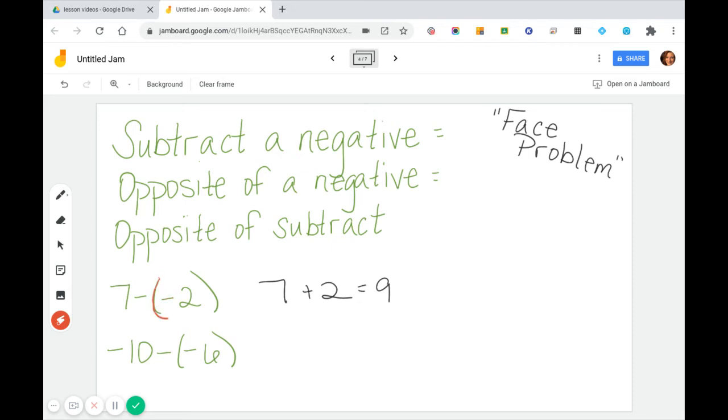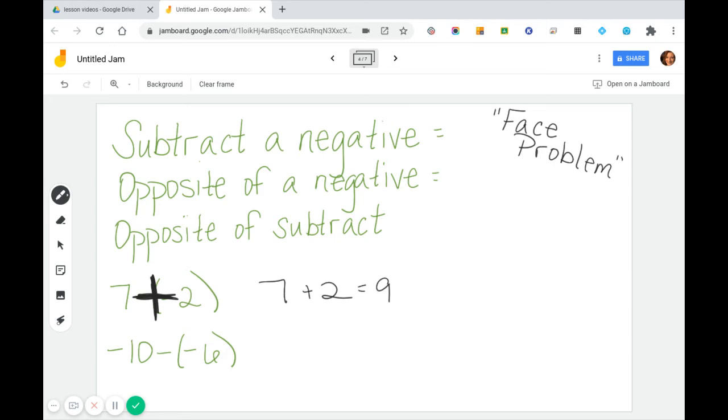And then here's the long curvy nose. It's a face. So what we always say in my class, when you have minus and minus, we always say, hey, it's a face problem. And we know in a face problem, those two come together to form a big plus sign. So that becomes 7 plus 2 is 9.